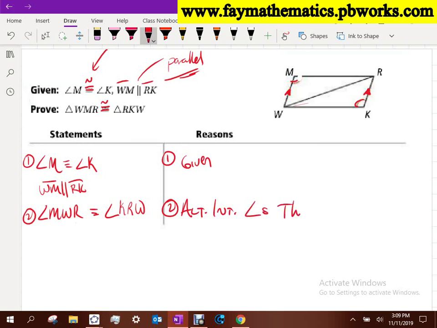That's the alternate interior angles theorem. So now in our picture, we have that angle congruent to that angle. We have MWR, so that angle there, congruent to that angle there.